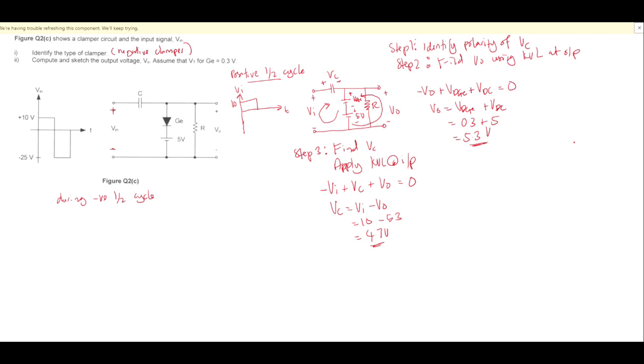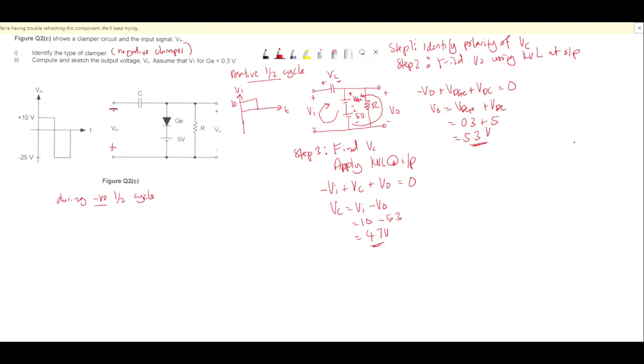For the negative half cycle, in your circuit, the top polarity must be negative, then the bottom polarity must be positive.